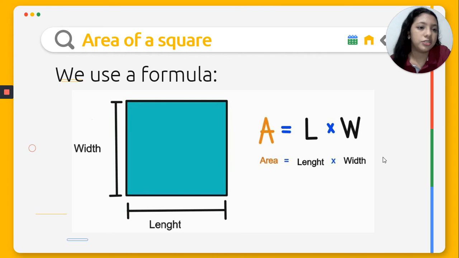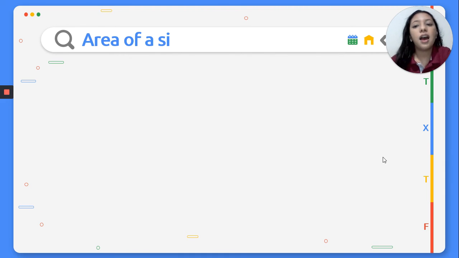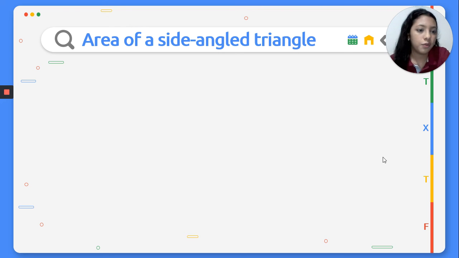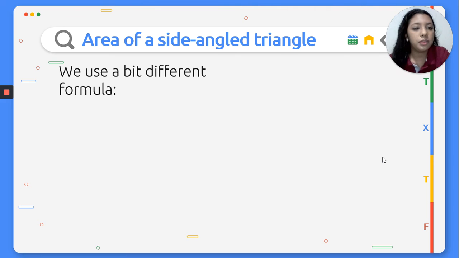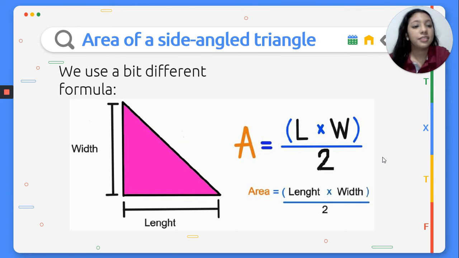We have one that is different, though, which is the area of a triangle. Have you ever seen one? It's like if we cut a rectangle in half; we slice it up and have something like this, with a formula a little bit different. We have the same measures, width and length, width over here and length over here.